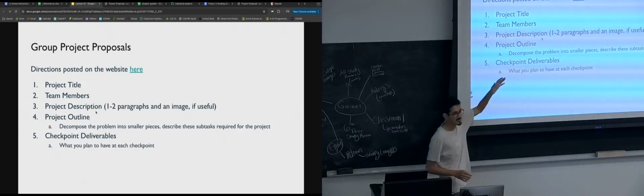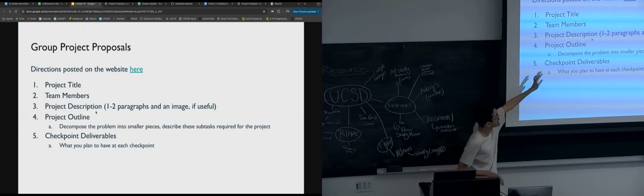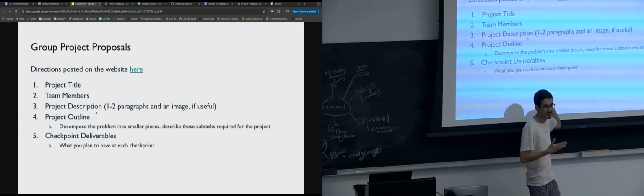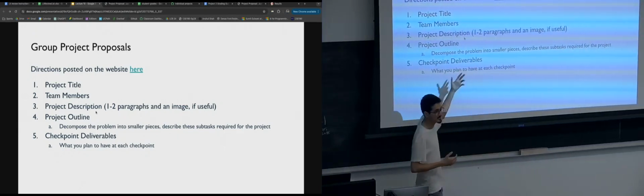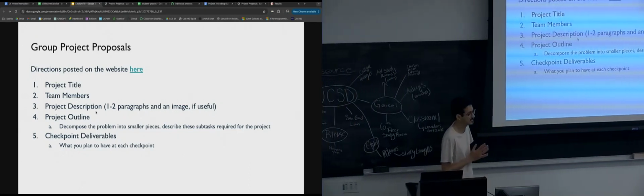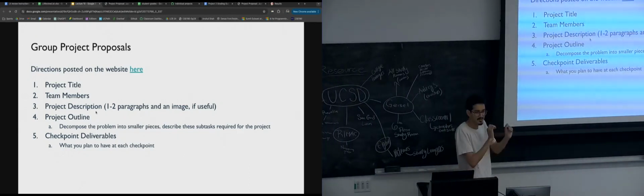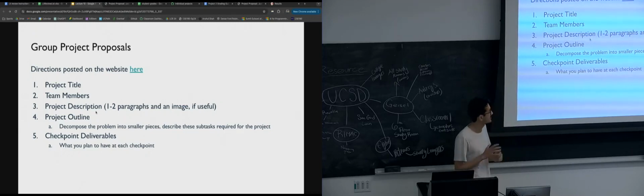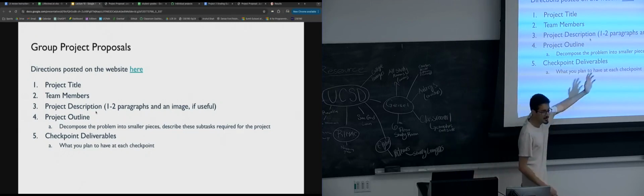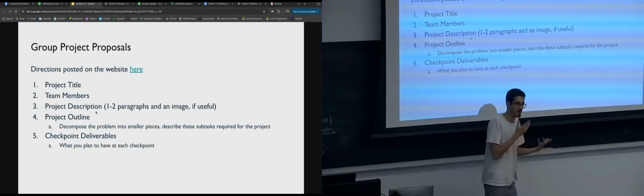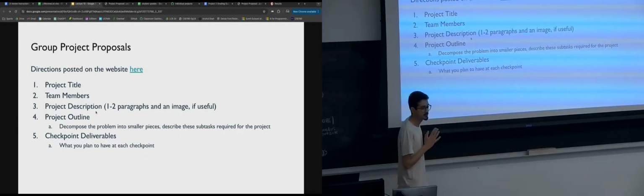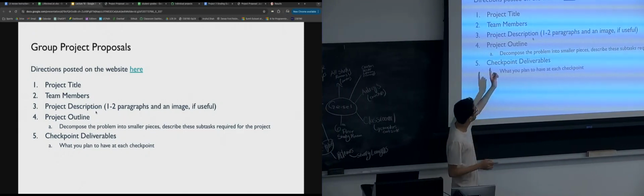So aside from the title and team members, have a couple paragraphs describing what the feature is that you want to implement, and of course the motivation for that project, like whether you're hoping to have the project help people who are just learning to program for the first time, or to make life a bit easier if you're using IDLE. Maybe an image or a quick mock-up of what you imagine the final feature looking like would be useful. And then the project outline.